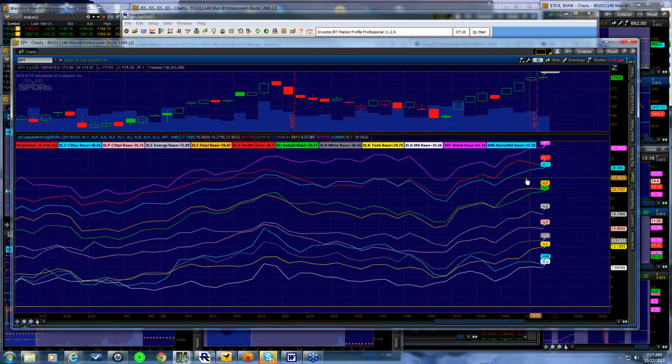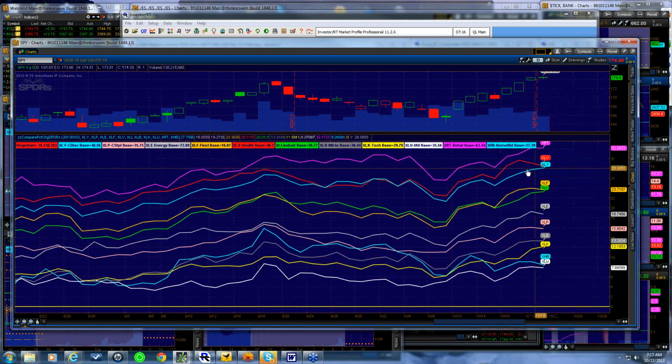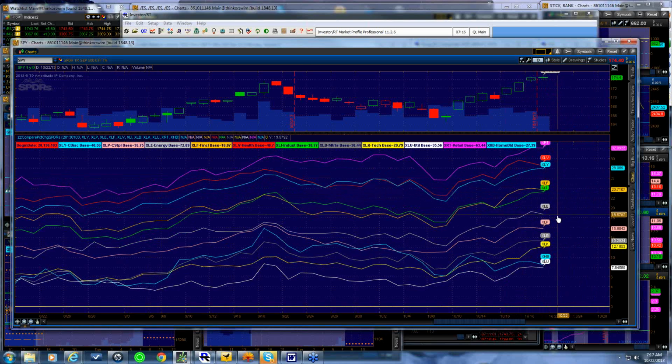We see XLY, which is consumer discretionary, showing strength. Financials leveling off. Industrials showing some strength. Energy tailing off. XLP, which is your consumer staples, basically sideways.